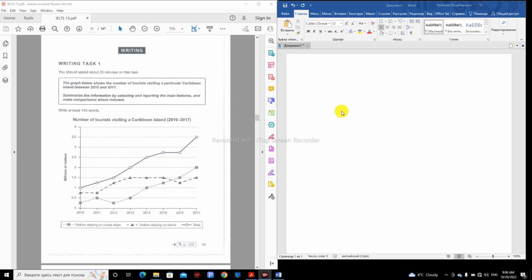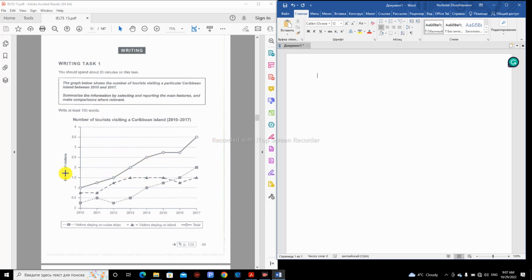And in this example, as you can see, we have a line graph and how to do it. Before, of course, if I were you, I would spend some time to plan out, to actually understand what is going on here. If you look at it, we have the number of tourists visiting a particular Caribbean island between 2010 and 2017.